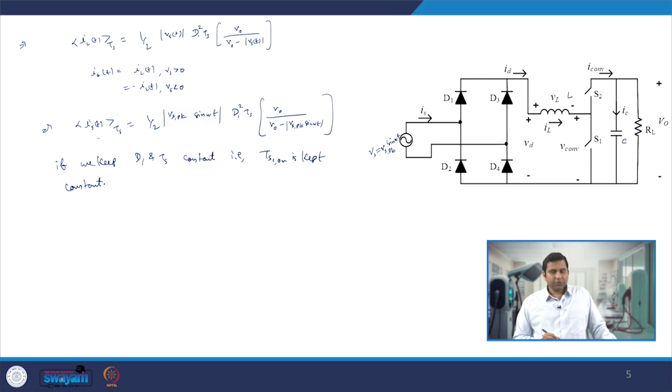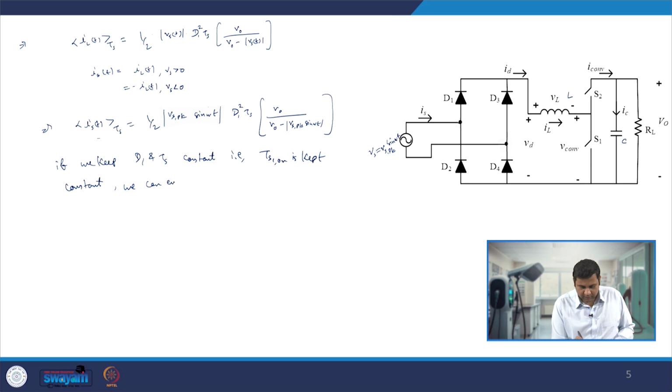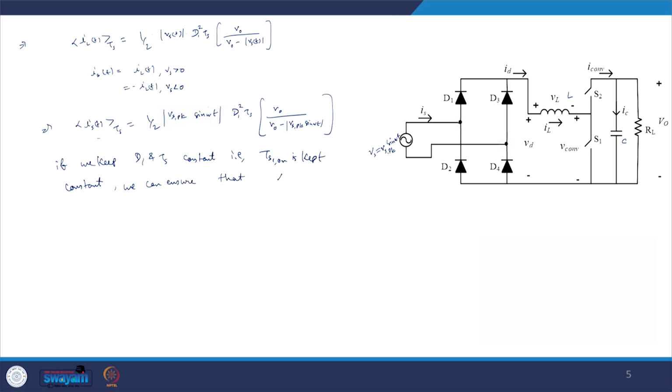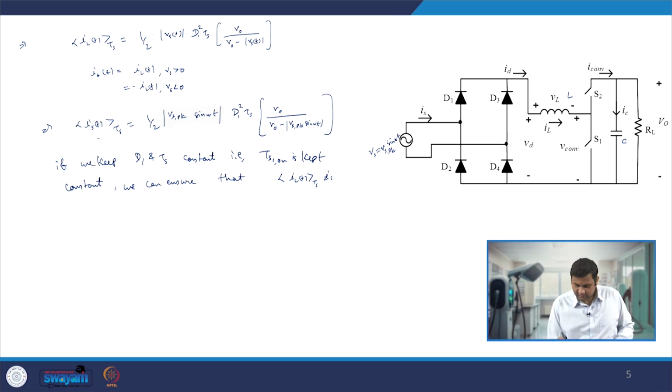So we can ensure that the average variation of IL(t) in the switching cycle varies, and this variation is sinusoidal in nature.